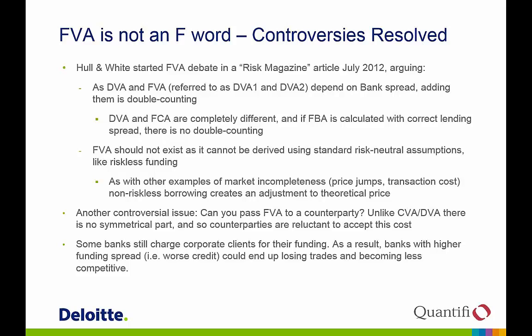Both counterparties actually have to borrow money, and there are costs for both of them, so counterparties are reluctant to accept this cost. Some banks will still charge corporate clients for their funding. Some banks probably will absorb this. For those who charge, banks with higher funding spread, worse credit, could end up losing trades and clients, and become less competitive.